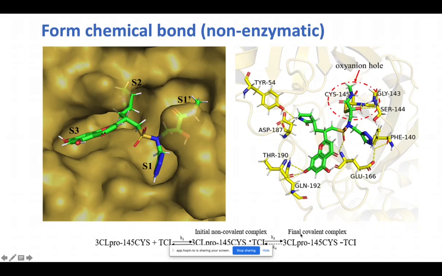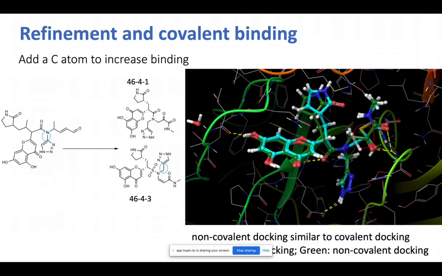So we use this chemical reaction shown here to make sure that our chemical group can align to that cysteine 145 properly, so that there is a good chance to form a strong chemical bond. And this reaction doesn't require enzyme, so it's a non-enzymatic reaction. And by having a bond interaction, it will attach to the M protein very strongly and more likely inhibit the function of M protein.